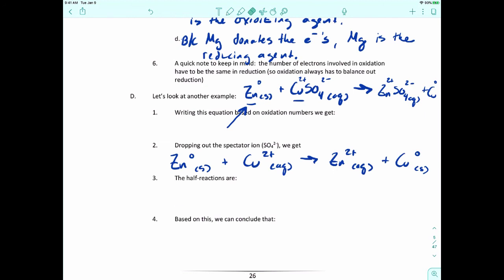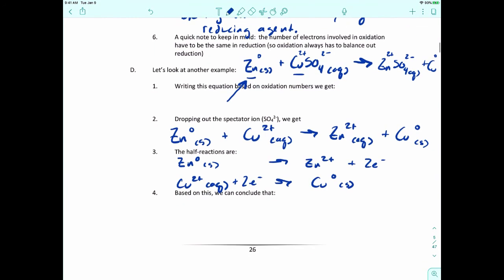Zinc is going from 0 to zinc 2 plus. So that means if it's going from 0 to 2 plus, it has to be losing 2 electrons. And if copper is going from 2 plus to copper 0, that means copper's got to be gaining 2 electrons. And so those are our 2 half reactions.